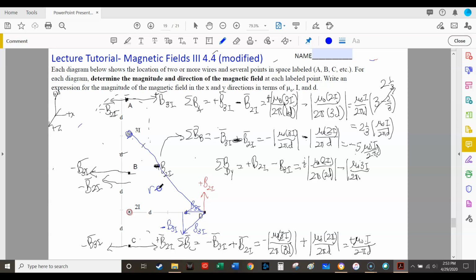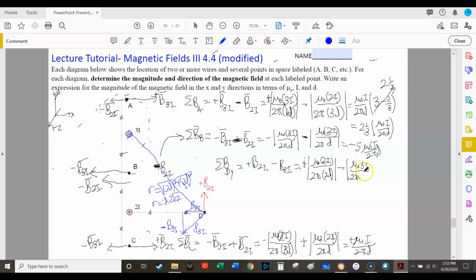So that distance r is going to be equal to the square root of 2d squared plus 2d squared. So that's going to be 4d squared plus 4d squared. So that looks like r is going to be equal to d squared, which is going to be d outside, 2 square root of 2.